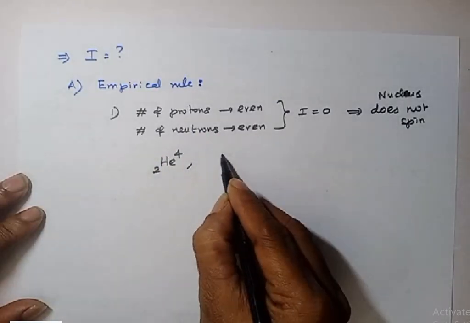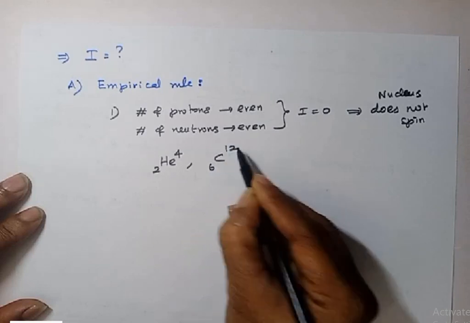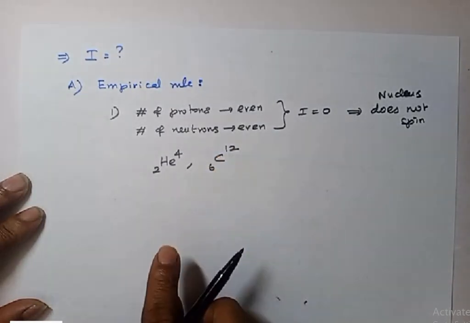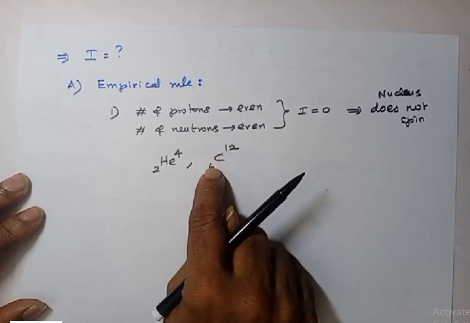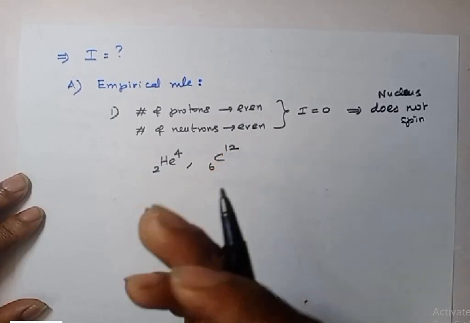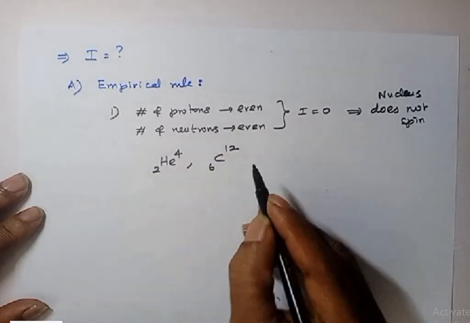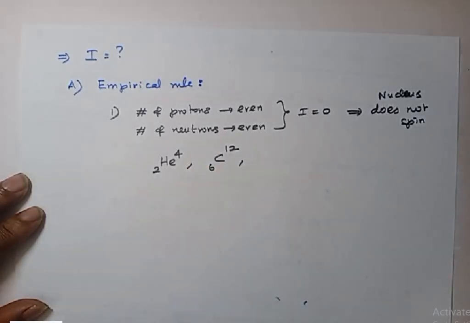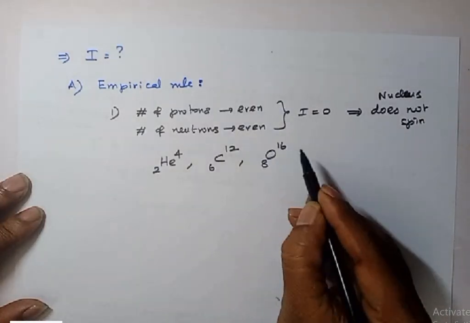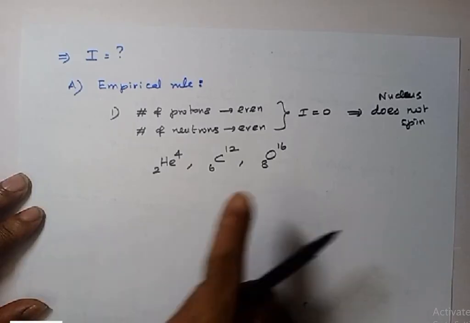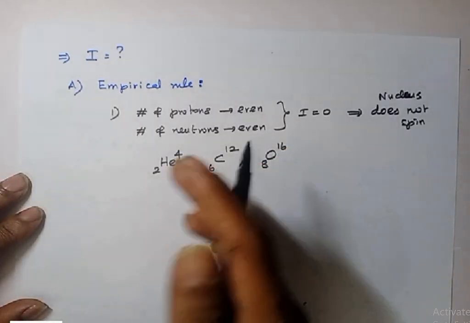Second one, C-12, the carbon-12 isotope. It has 6 protons, and 12 minus 6 gives 6 neutrons. Both are even numbers, so the I value is 0 for this nucleus. Like this we have many, O-16: 8 protons, 8 neutrons, I equal to 0.